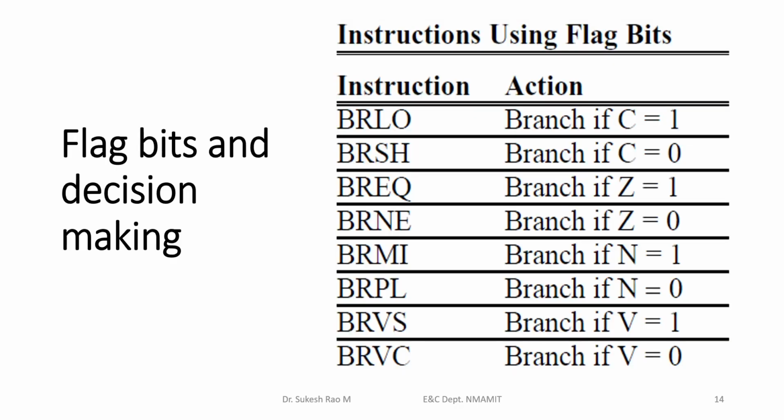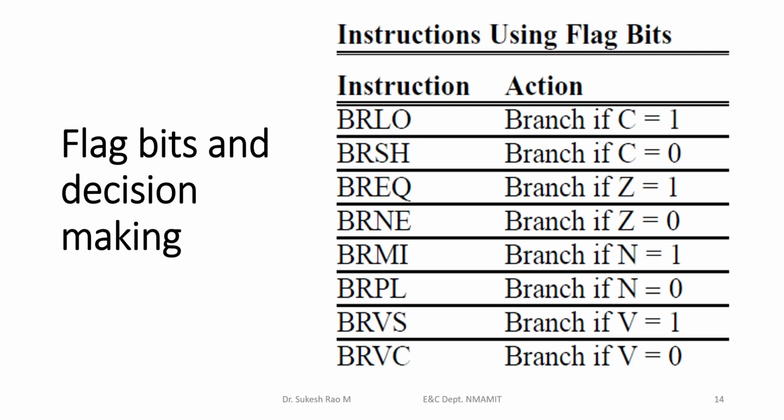Let's move on to some instructions using the flag bits. There are instructions: branch if carry equal to 0, branch if carry not equal to 0, branch if lower, branch if higher, branch if equal, branch if not equal, branch if negative, branch if positive.